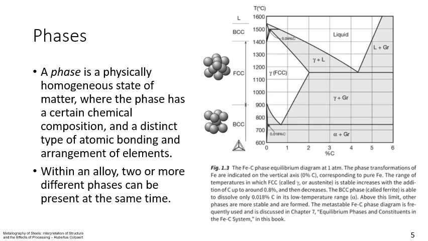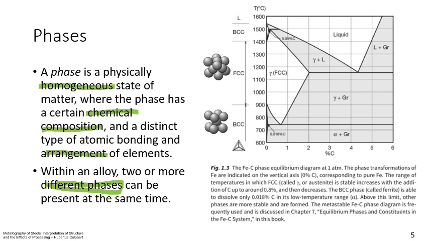A phase is a physically homogeneous state of matter where the phase has a certain chemical composition and a distinct type of atomic bonding and arrangement of the elements. Within an alloy, there can be two or more different phases present at the same time.